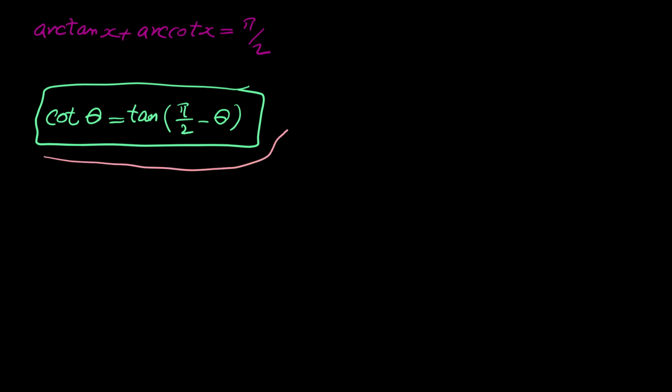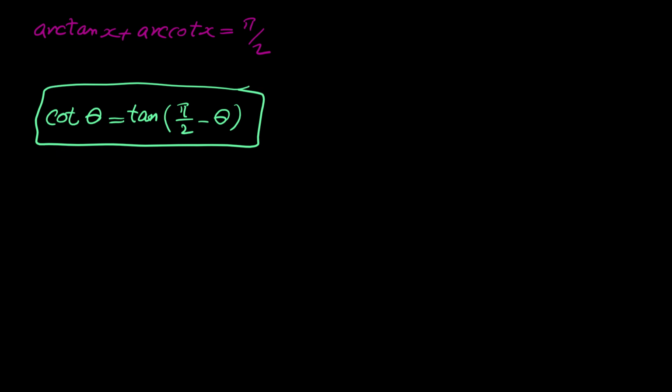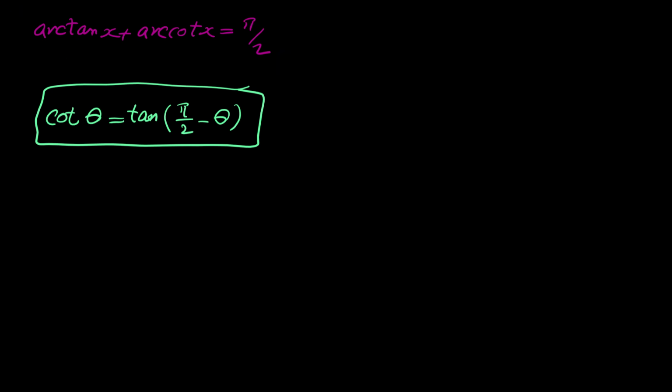If you don't know this relation, I will prove it for you at the end of the proof. For now, accept this relation from me. I want to use it for proving this relation here.